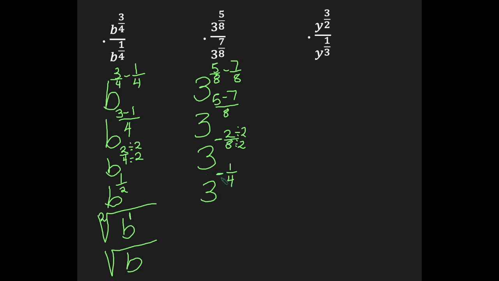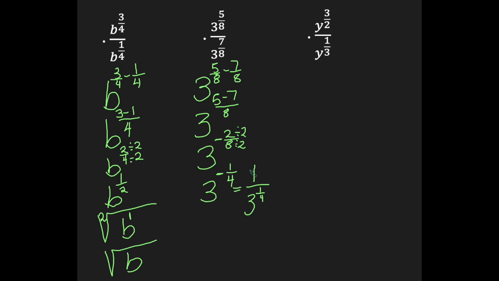Now if you're on the test and you don't see 3 raised to the negative 1 over 4, then you have to change this from the negative to the positive, which would be 1 over 3 raised to the positive 1 over 4. When you change this from the negative to the positive, you're not changing your fraction. That exponent just changes from a negative to a positive.